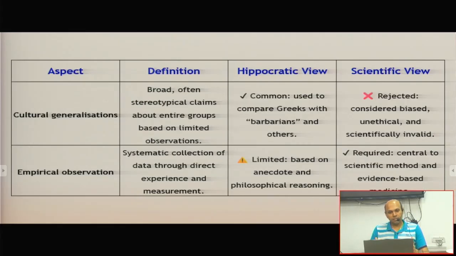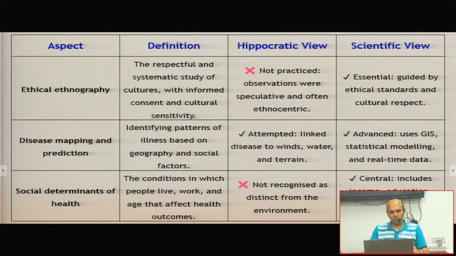Empirical observation is the systematic collection of data through direct experience and measurement. The scientific view is, yes, it's required, it's central to scientific methods and evidence-based medicine. So, based on the data, you will be able to highlight what is true and what's false.